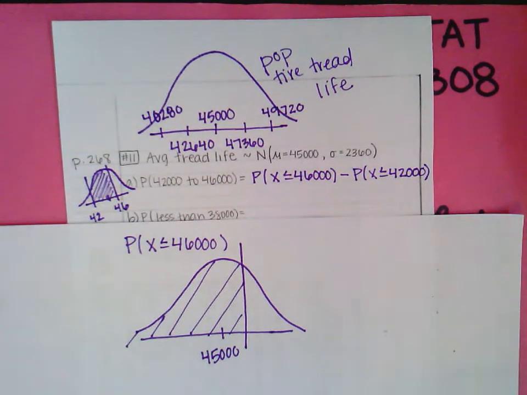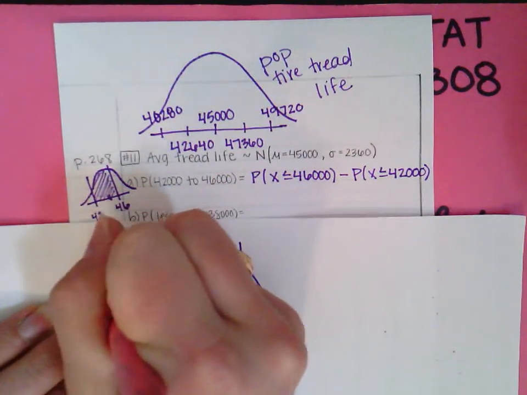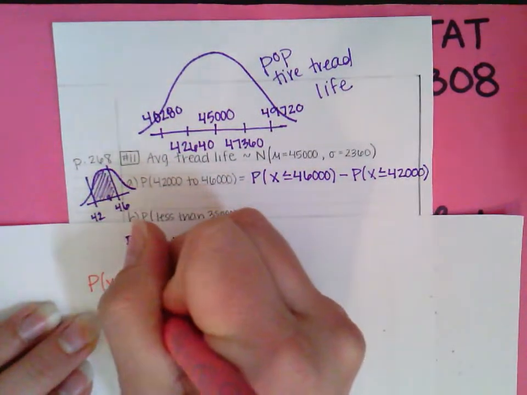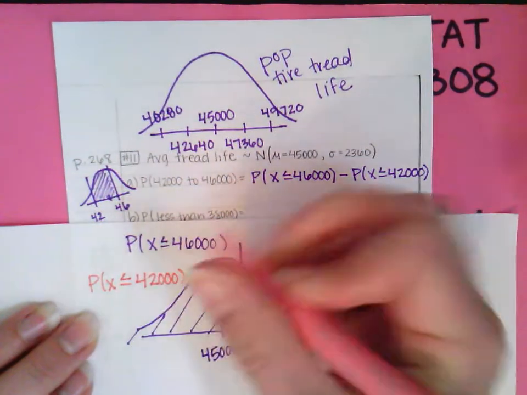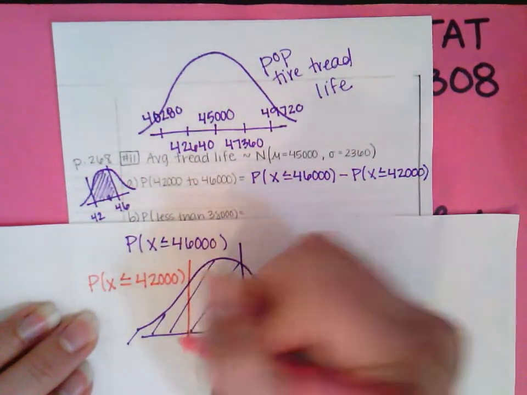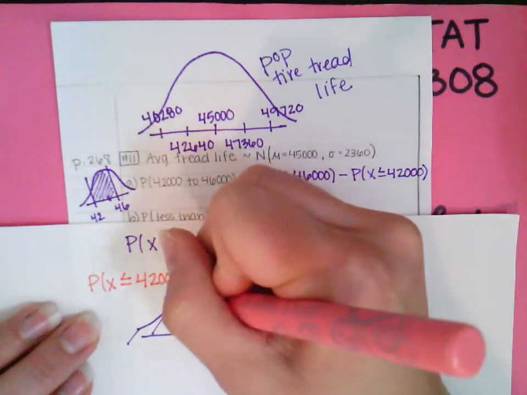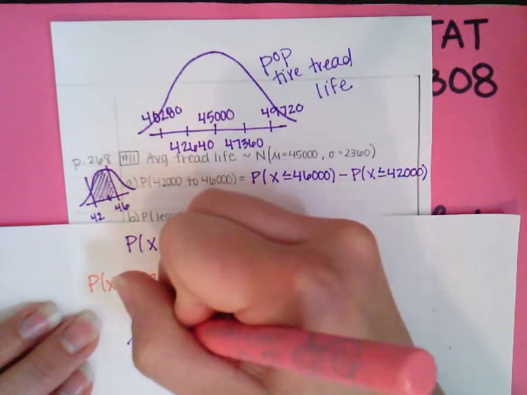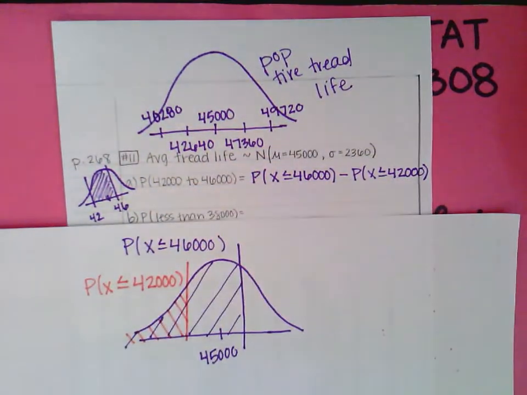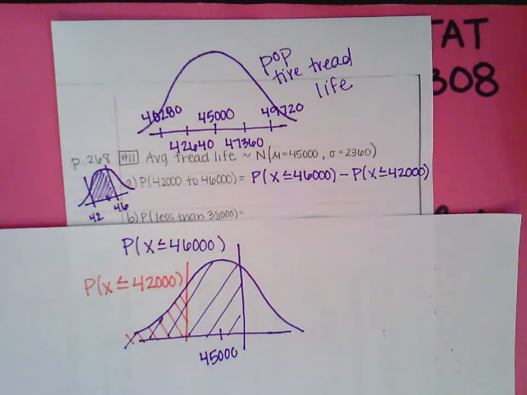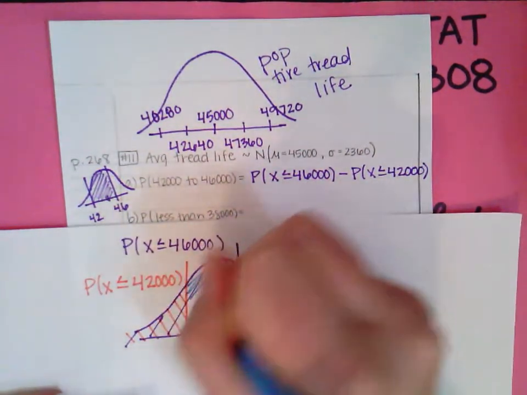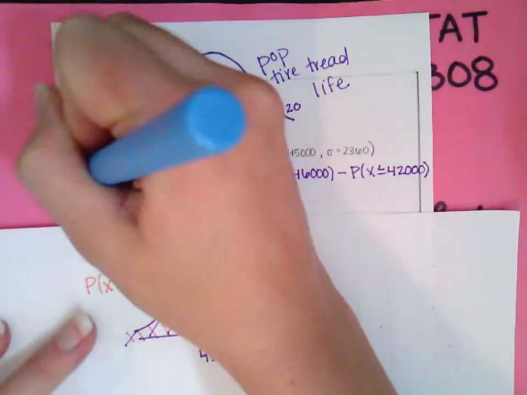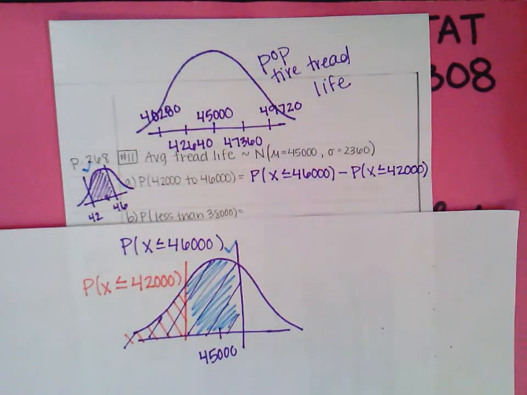If I find the probability that x is less than or equal to 42,000, here's 42, that's going to find me this probability here. And so when I do the big probability minus the small probability, I'm going to find the probability that I want that's left over right here.